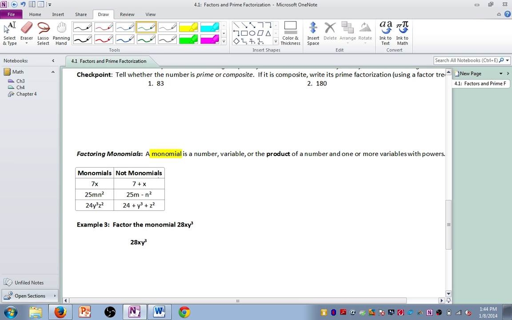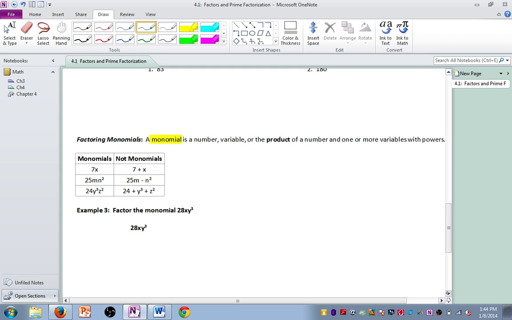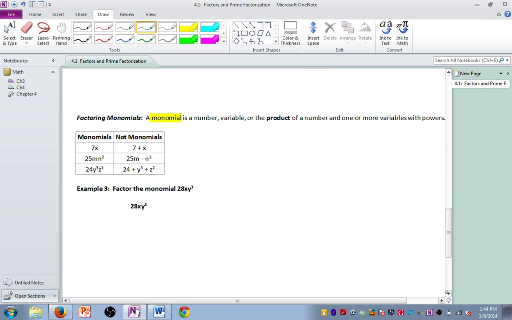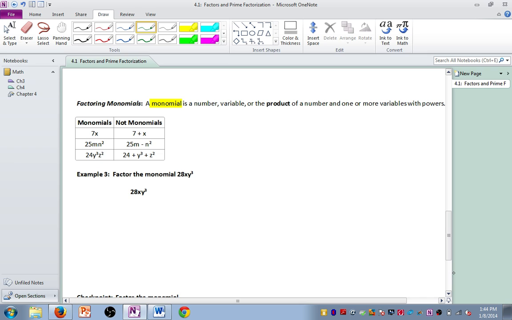To factor out the monomial 28 times x times y squared, you're going to factor out that 28 like you would in a factor tree. 28 can be broken down into 4 times 7. The 4 can be broken down to 2 times 2, and since the 7 is prime, I can't break that down anymore. But I still have these variables, and I need to remember to include them in my factoring.